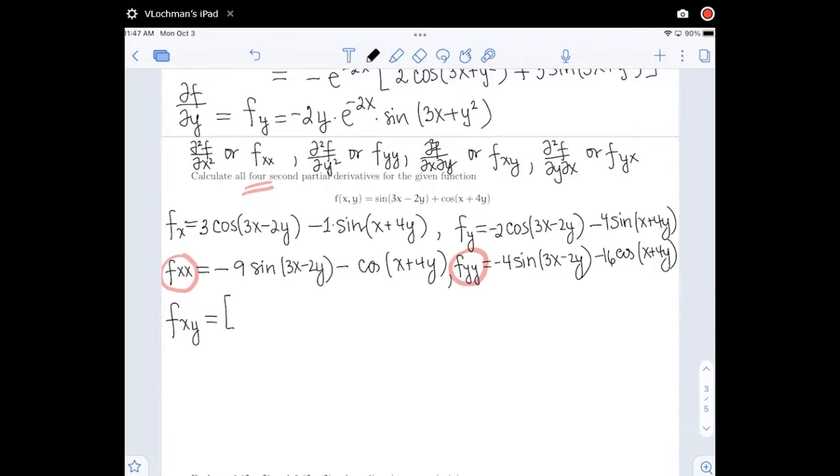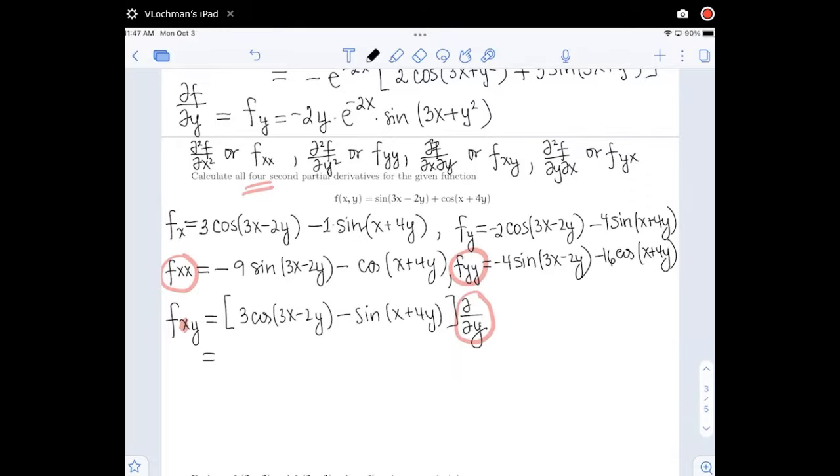We already computed, so that would be 3 cosine 3x minus 2y minus sine x plus 4y. And now we're going to differentiate this with respect to y. Okay, so we've done basically this part right here, and now we need to do this part right here. Okay, all right, let's go ahead and do that.